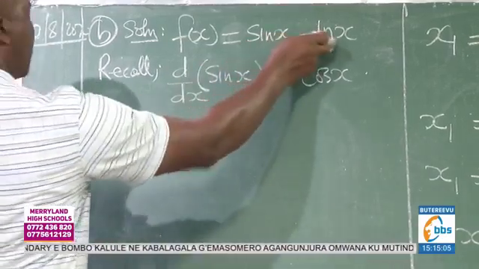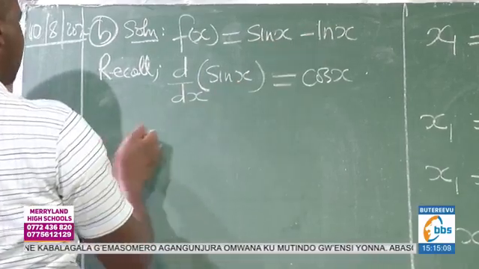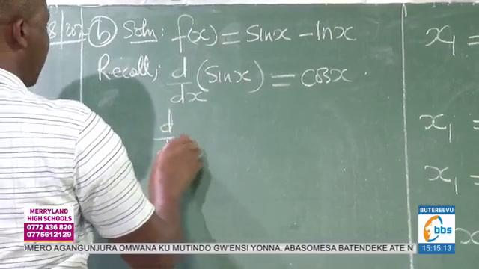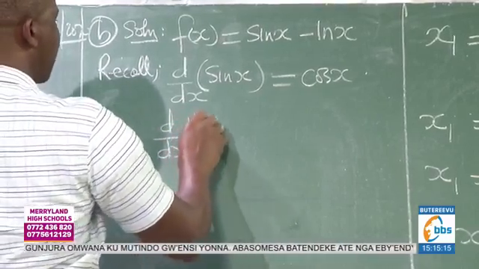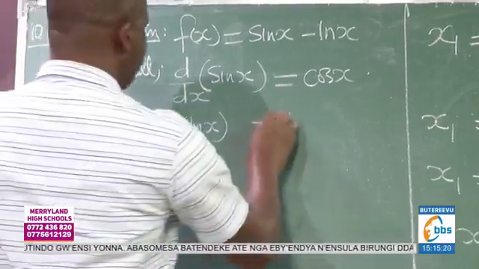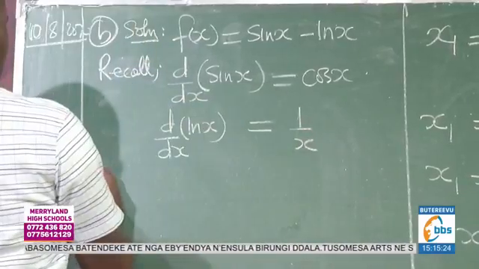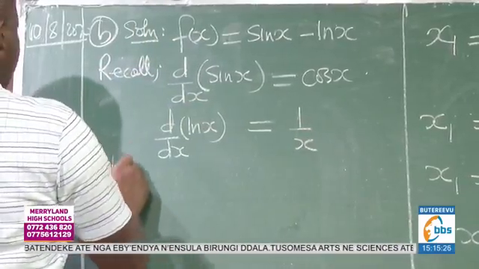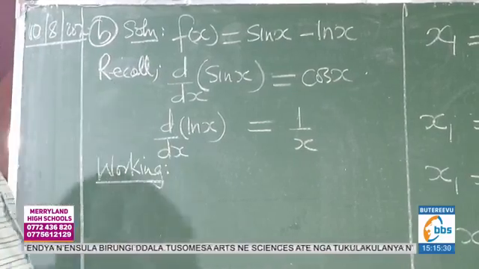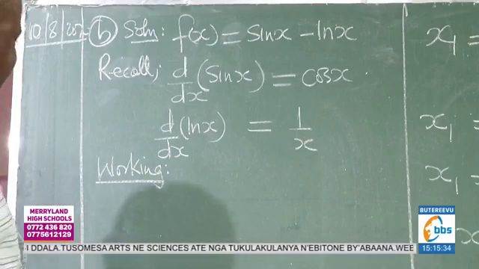I expect all students that have been consistently attending these lessons to know how we get that. And for this one, I will show how it is got because we have not differentiated this, but I will say that d by dx of ln of x is actually equal to 1 over x, and I want to show how. I want to show the working quickly because it is important that I use what you know where it is coming from.